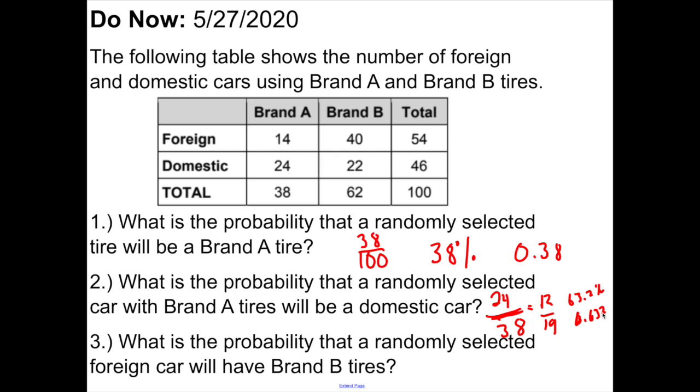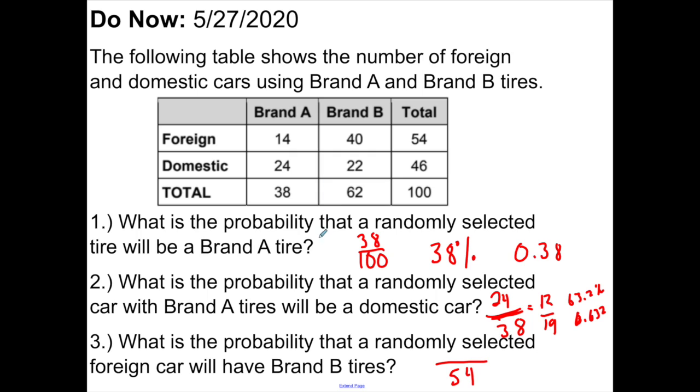What is the probability that a randomly selected foreign car will have brand B tires? That is to say, if I choose a random foreign car, what is the probability I would find that it has brand B tires? There are 54 possible foreign cars. That's the sample space, the 54 foreign cars I could have chosen.